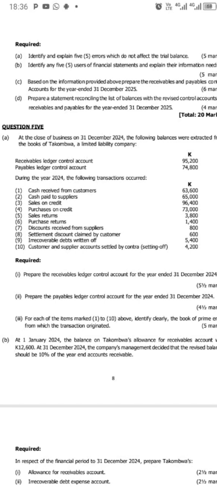The balances for the receivable ledger control account. This is 95,200. So that was the example that I was giving in the previous clip. I said this 95,200.